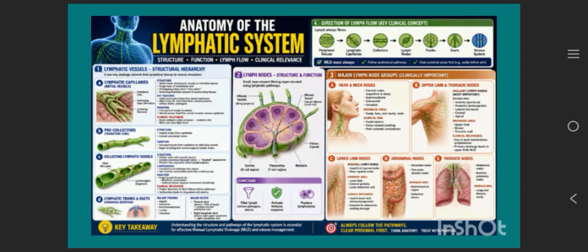Lymph nodes are small bean-shaped filtering organs located along lymphatic pathways.